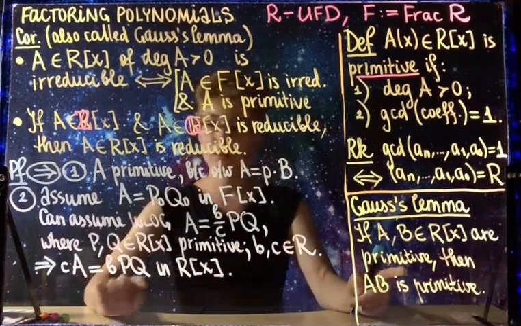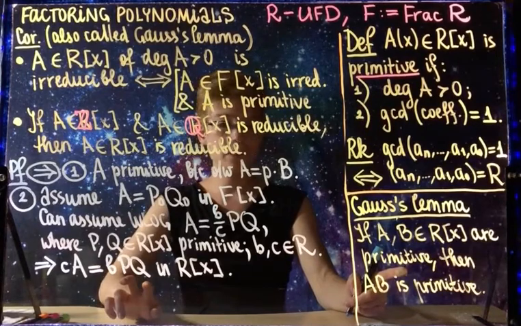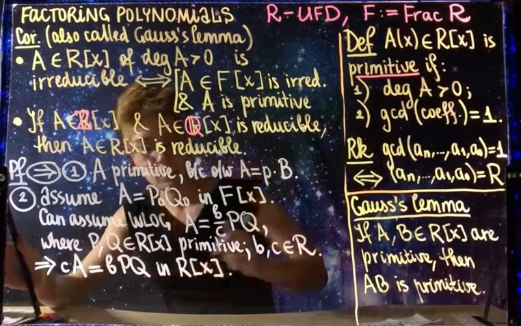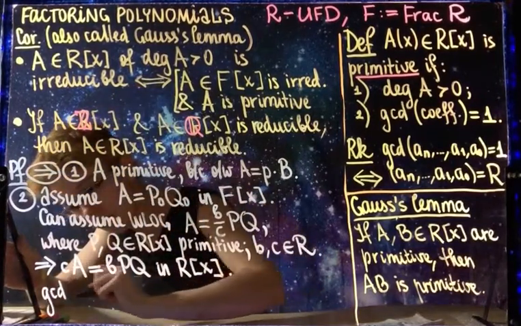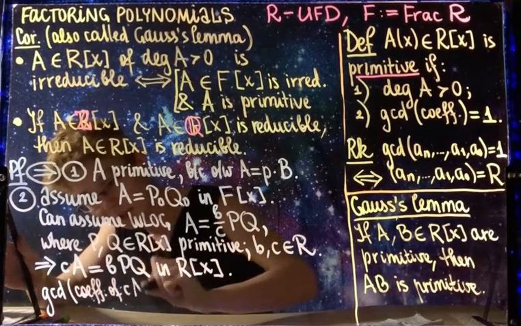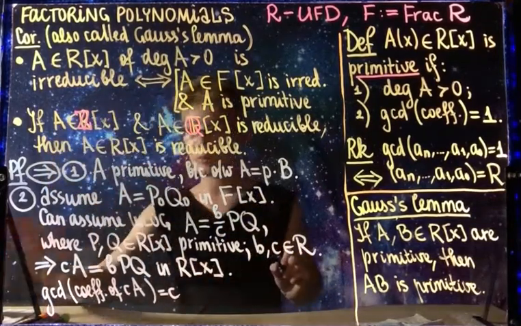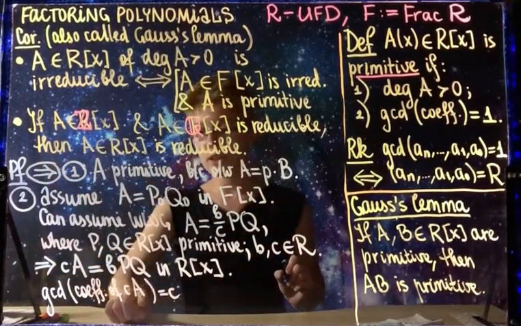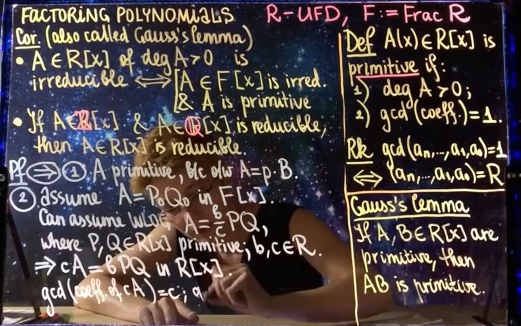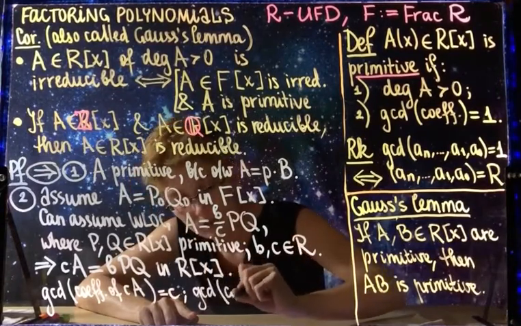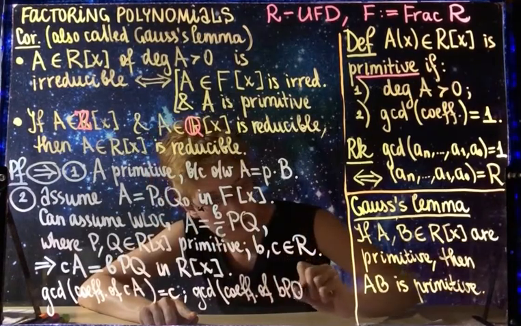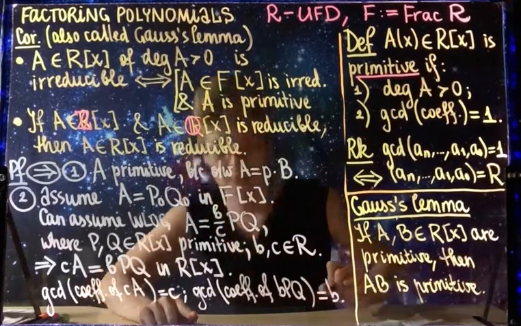By Gauss' lemma, the product PQ is also primitive, and so the greatest common divisor of coefficients of CA is equal to C, because the GCD of coefficients of A is 1. And similarly, the greatest common divisor of coefficients of B times PQ is equal to B.